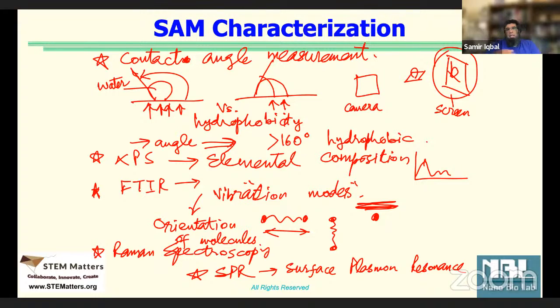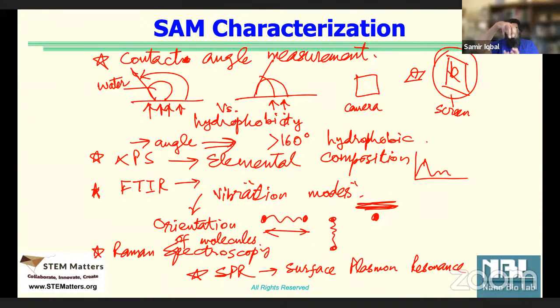Another way we do this is called FTIR, Fourier transform infrared spectroscopy. This also identifies and quantifies not just the molecules, but also their vibration modes. We know the vibration modes of different bonds, so the bonds are vibrating in nature.